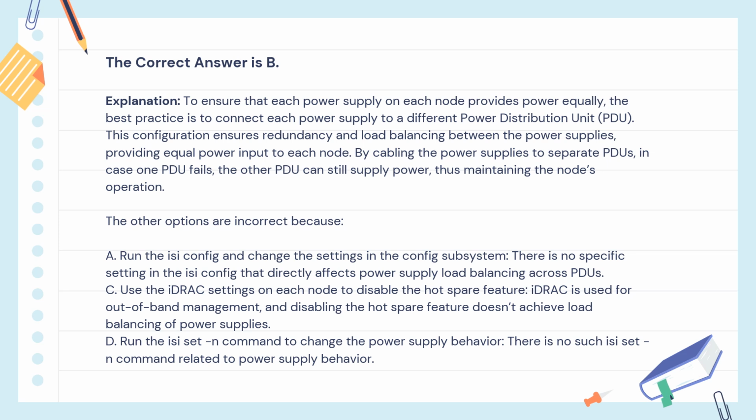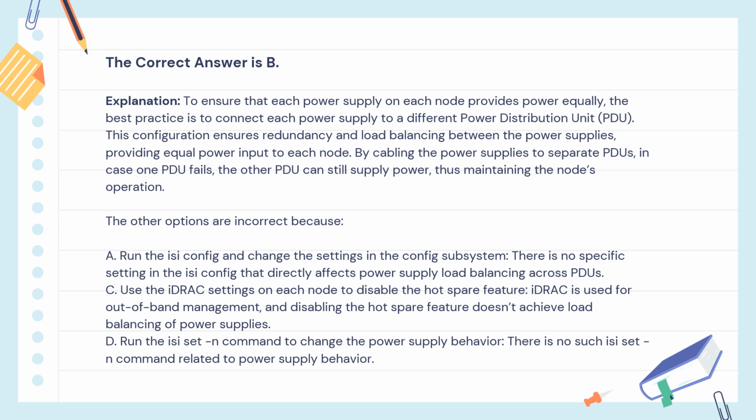The other options are incorrect because A. Run the ISI config and change the settings in the config subsystem. There is no specific setting in the ISI config that directly affects power supply load balancing across PDUs.